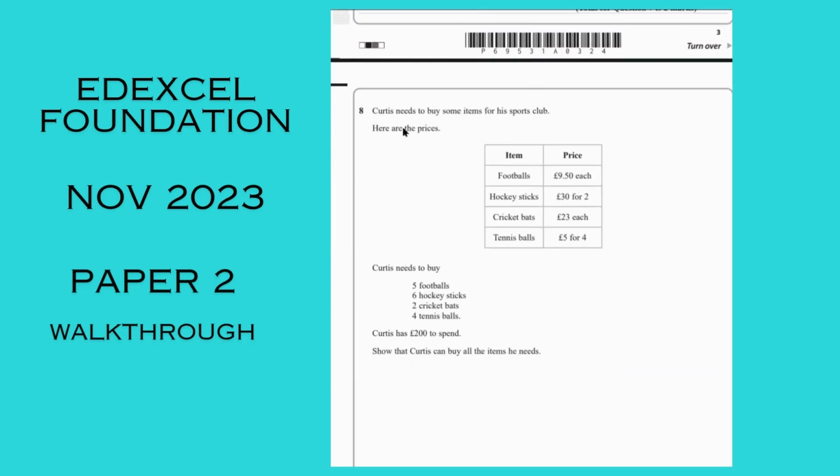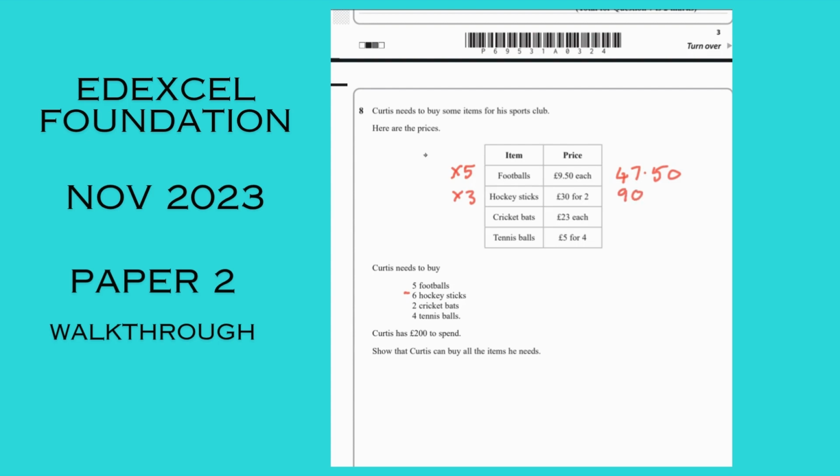Question 8. Curtis needs some items, so footballs, he wants 5 of them, so we need to times that by 5. So on your calculator, £47.50. 6 hockey sticks, you're getting 2 for £30, so you want 3 lots of that, giving you £90.